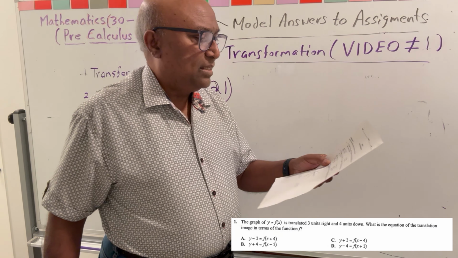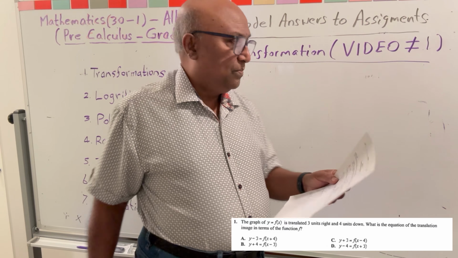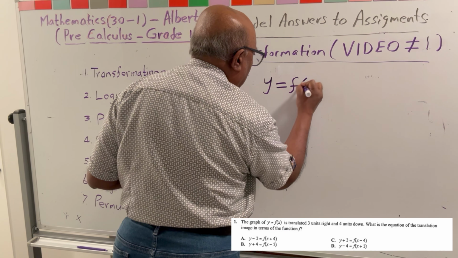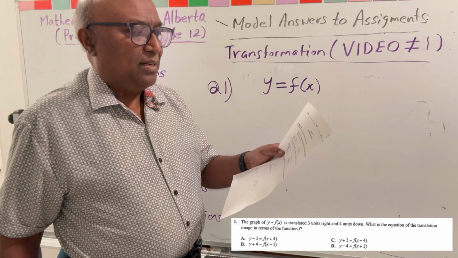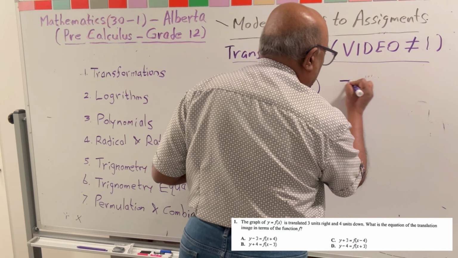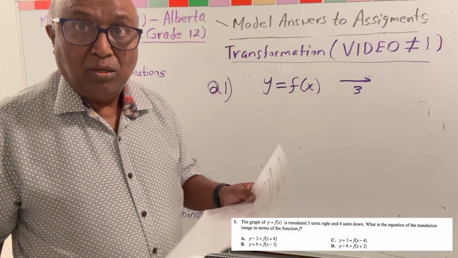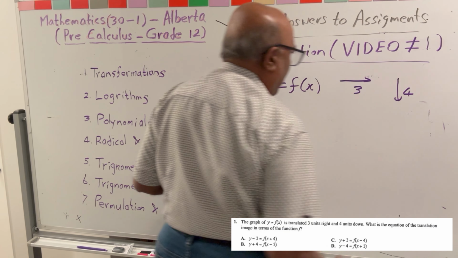What question number 1 says: the graph of y equals f(x) is translated 3 units to the right and 4 units down.